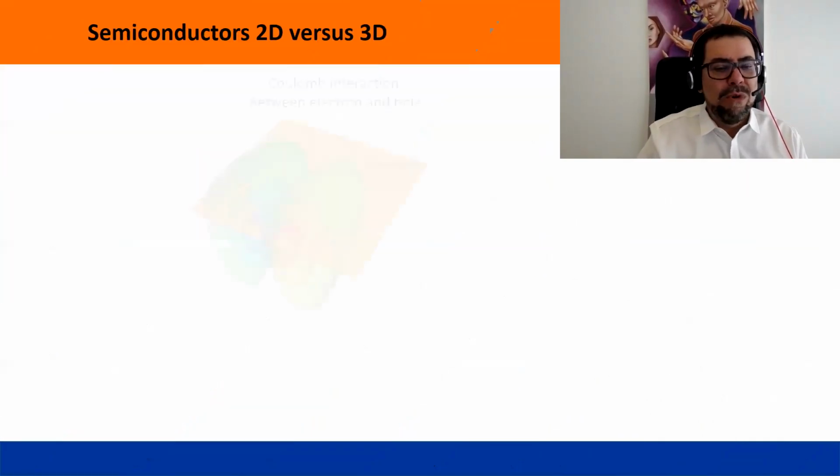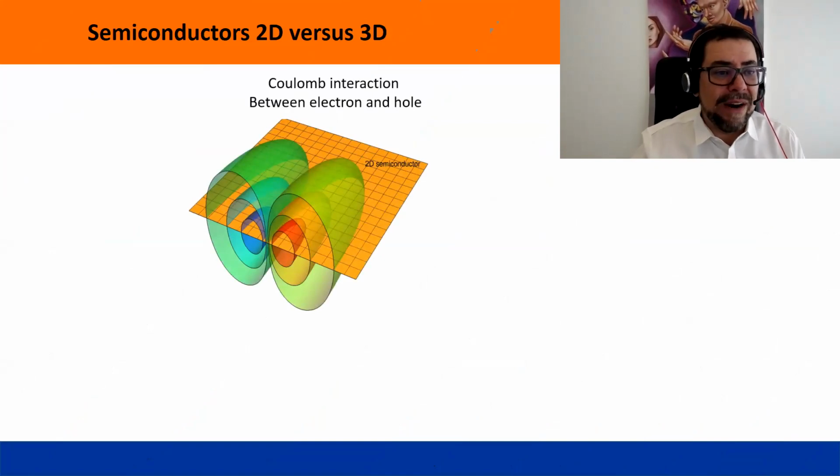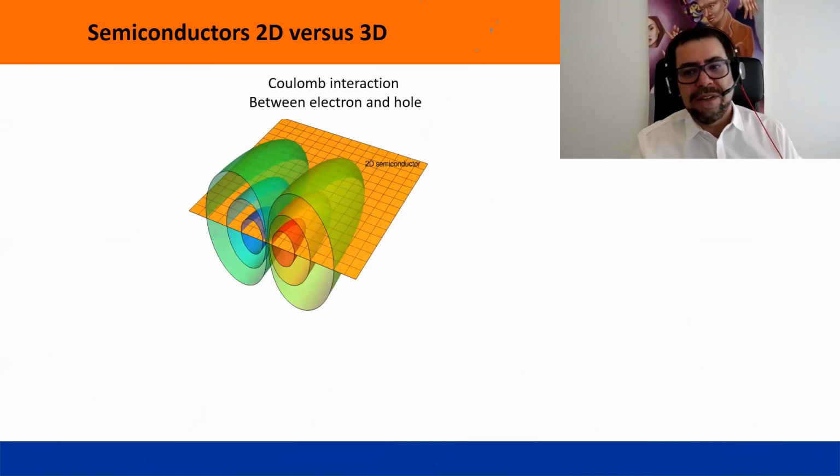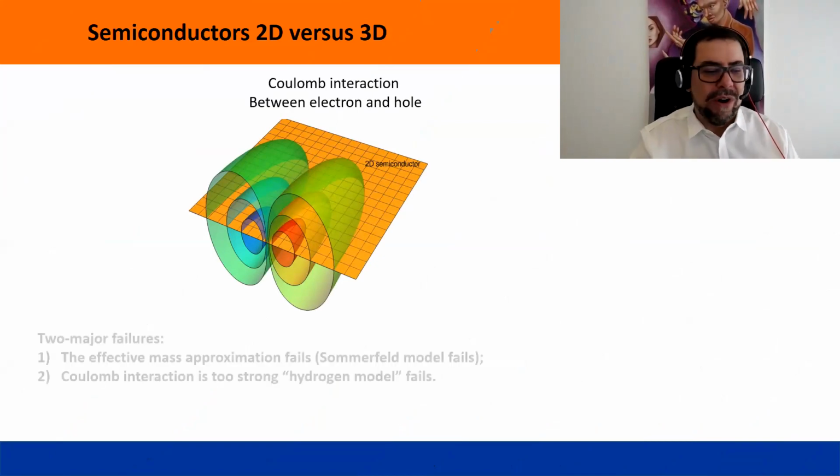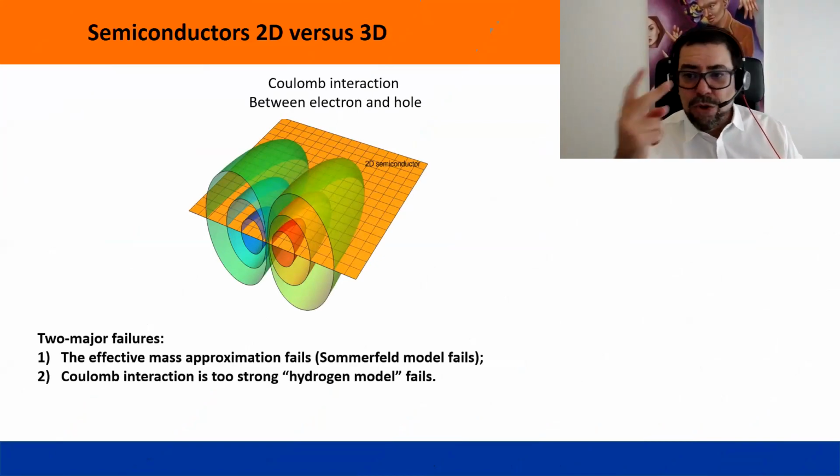But when you go to 2 dimensions, things are rather different, because in 2 dimensions, the electric field propagates out of the plane of motion of the semiconductor. And this changes the whole story. So there are 2 major failures for the exciton model.